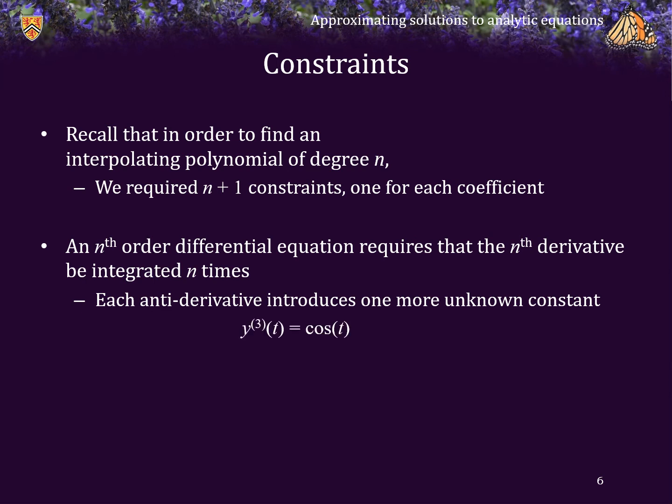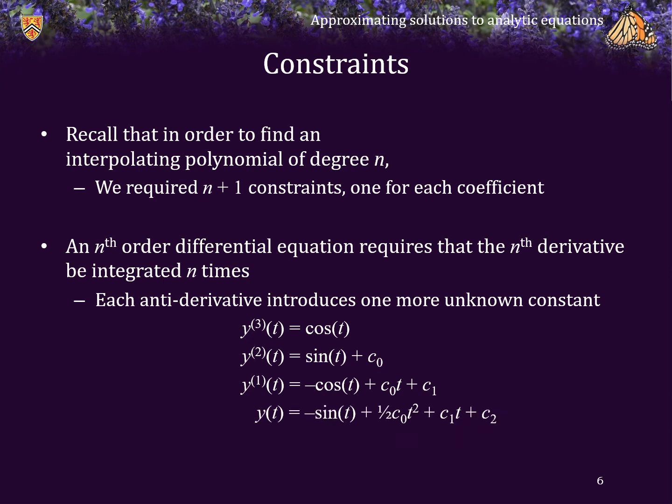So, for example, here's a simple differential equation. The third derivative is equal to cos of t. Well, if that's the case, then the second derivative is sine of t plus an unknown constant of integration. Integrate again, we now introduce a second constant of integration, and when we finally integrate a third time, we get a third constant of integration.